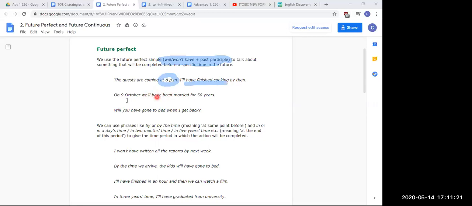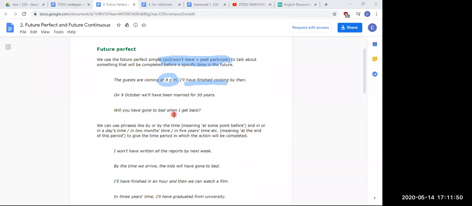On 9th of October, we'll have been married for 50 years. So the 9th of October is in the future. And we're saying that at that time, on the 9th of October, we'll have been married for 50 years. So we will celebrate that anniversary.